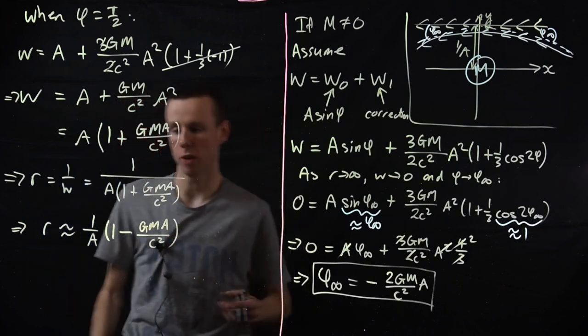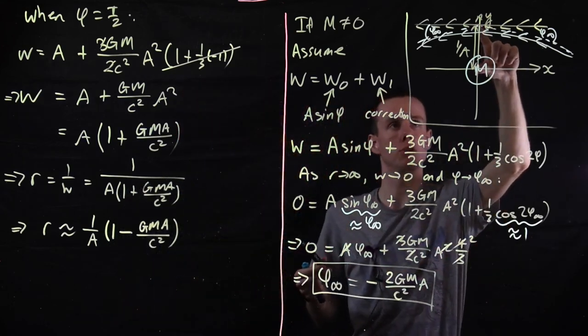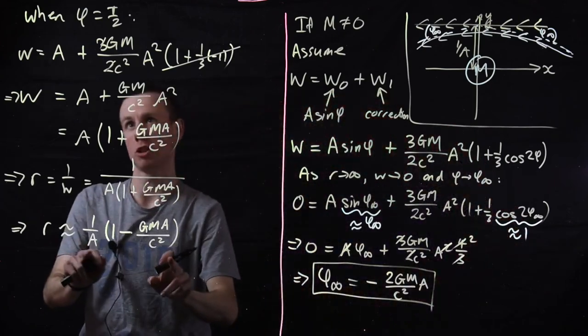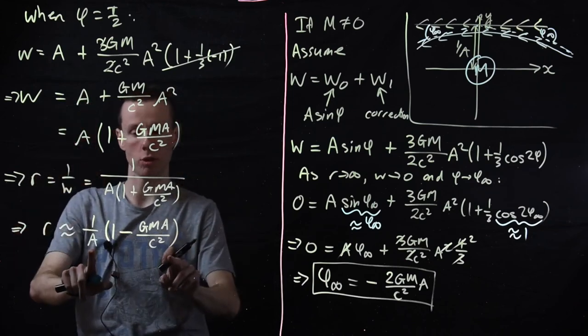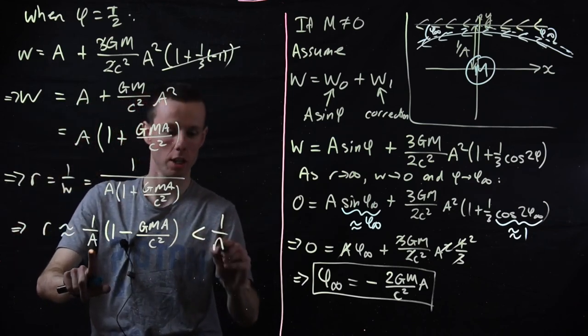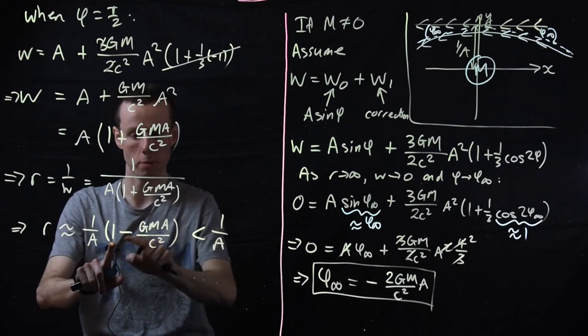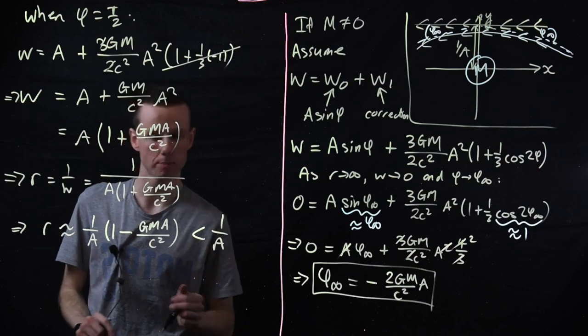And look what we have. In the undeflected light ray, the distance of closest approach was 1 over a, and now this is the distance of closest approach in the deflected light ray. It's not the same as 1 over a. In fact it's less than 1 over a, because you've got 1 over a times something less than 1, 1 minus something, although this something is only a small amount.